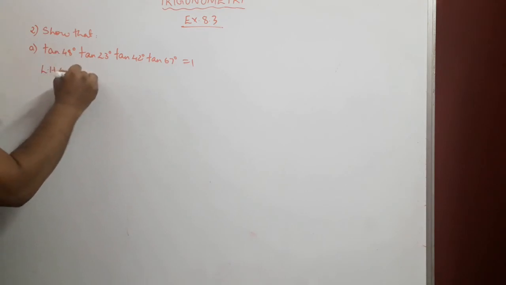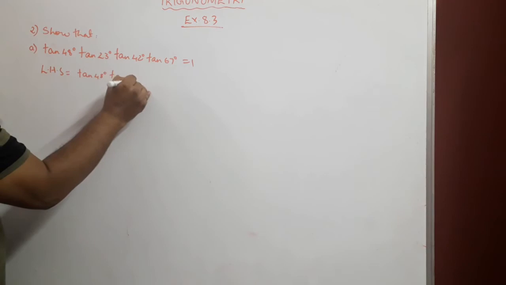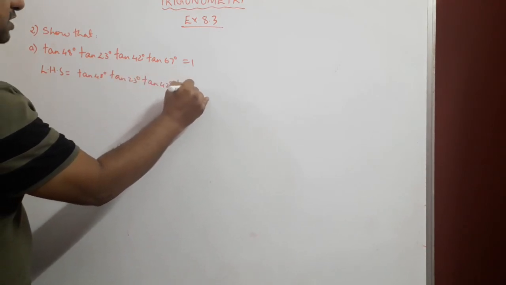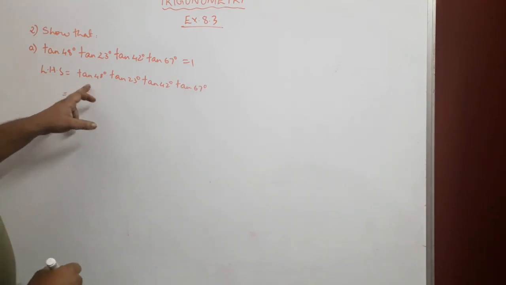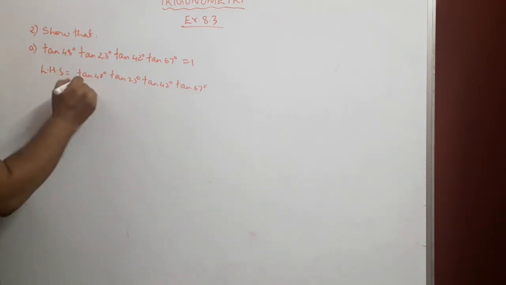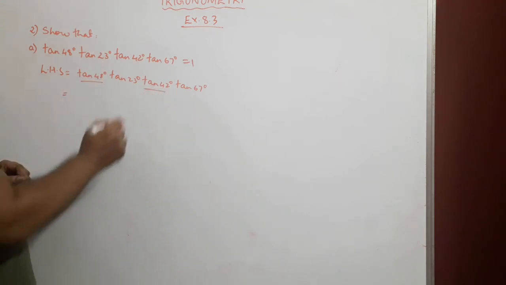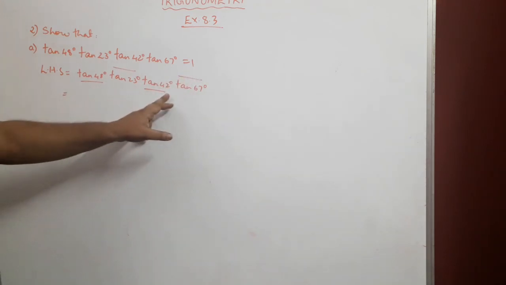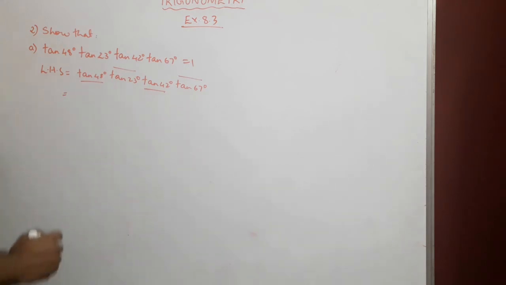Left hand side says what? tan 48 degrees, tan 23 degrees, tan 42 degrees and tan 67 degrees. Now if you have a look closely, we can easily group tan 48 and tan 42 together, and we can group tan 23 and 67 together, because 48 plus 42 gives us 90 and 23 and 67 also gives us 90.